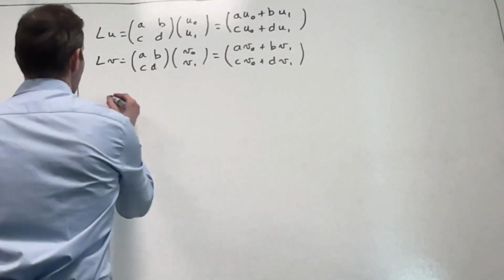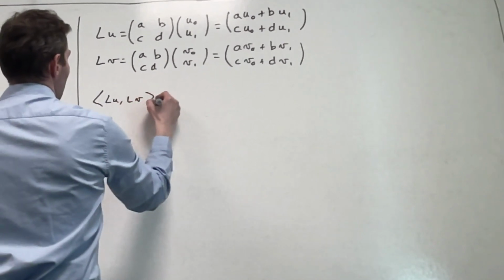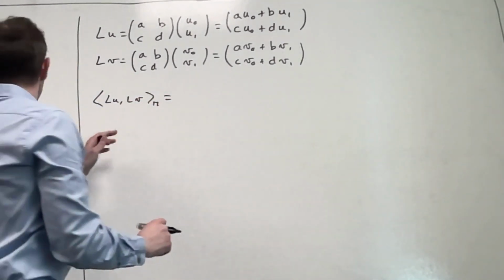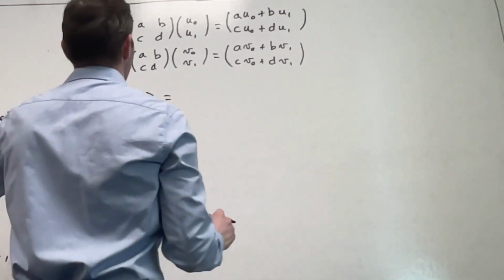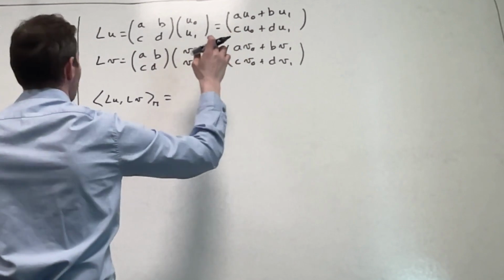So if I look at LU, LV, the Minkowskian inner product, then I'm going to get this thing here, but I need to replace all of this instead of U naught and V naught.